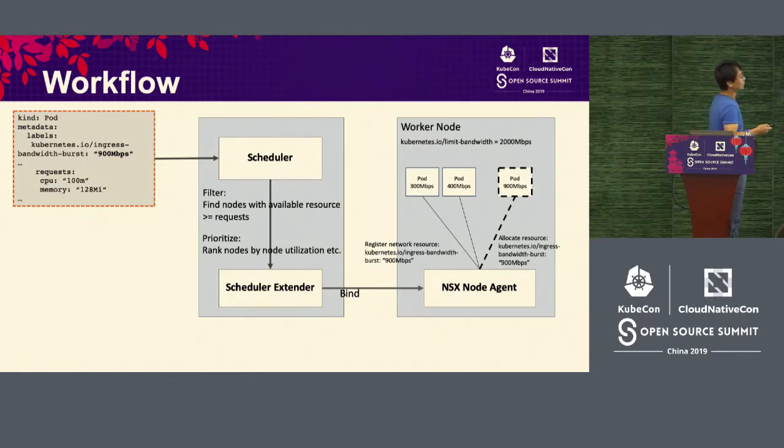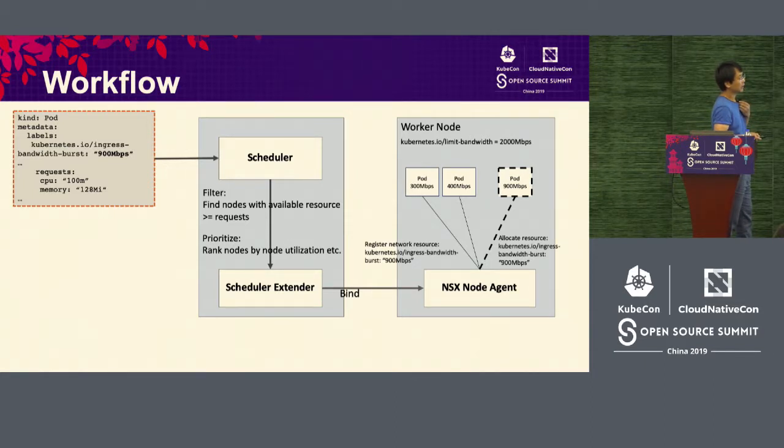And then with the scheduler, the pod can find the scheduler extender. First, the nodes with unavailable resources will be excluded, and the rest of the nodes will be scored, and then we can select the node with the highest score and bind the pod to it.